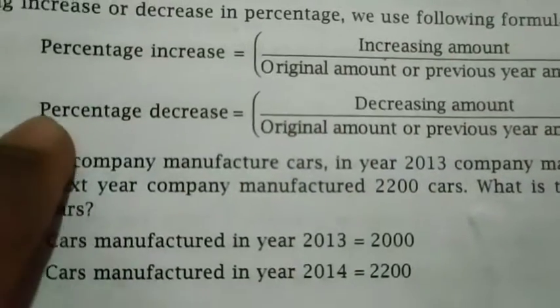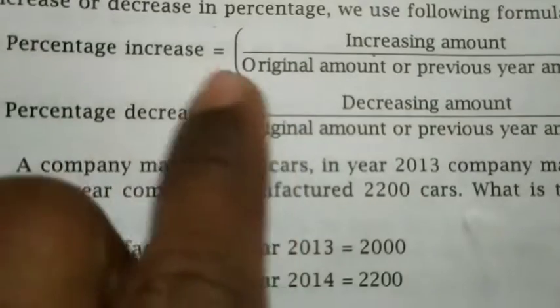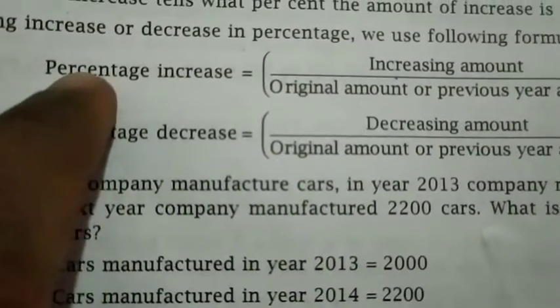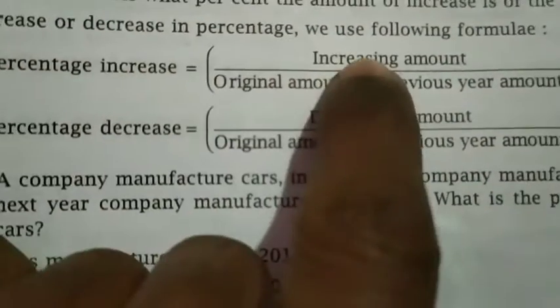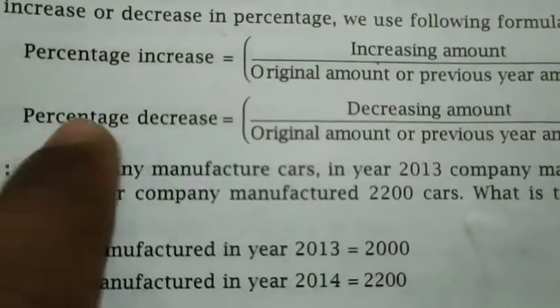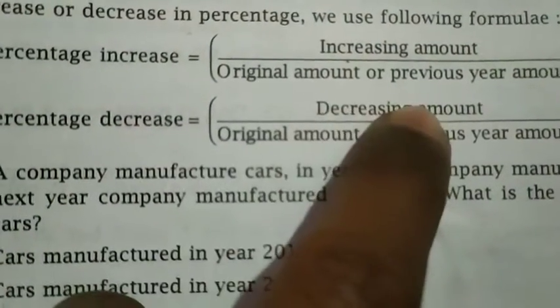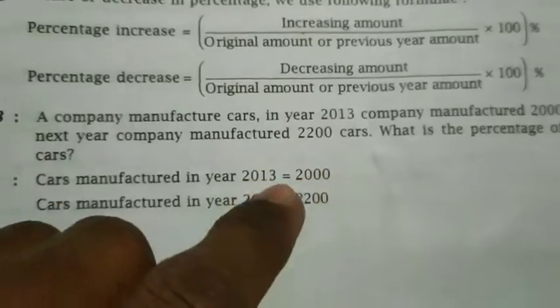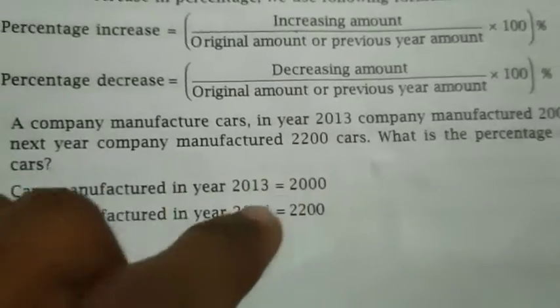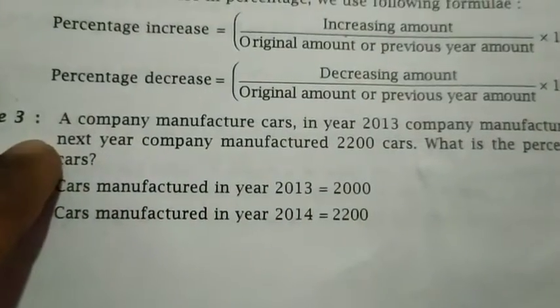So you have to relate both terms simultaneously. If you need to find percentage increase, use increasing amount; for percentage decrease, use decreasing amount. Now come to the problems. Solve the examples on your own. We will come to the exercise.